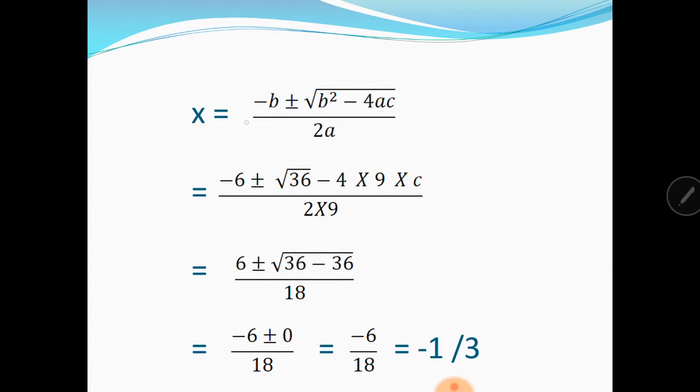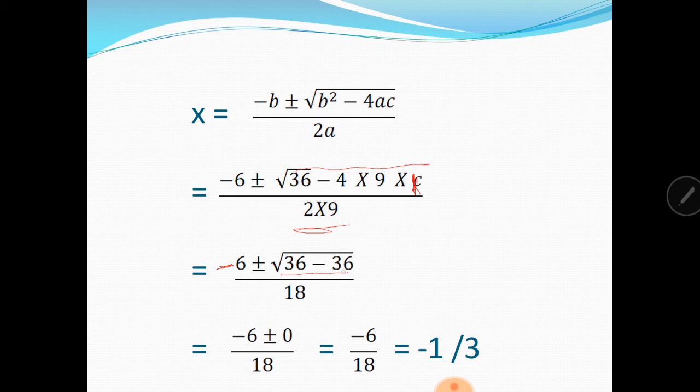So x = (−b ± √(b² − 4ac)) / 2a. Now b is 6, so −6 ± √(36 − 4 × 9 × 1), divided by 2a, so 2 × 9. Here 6² is 36, 4 times 9 is 36, times 1 is 36.